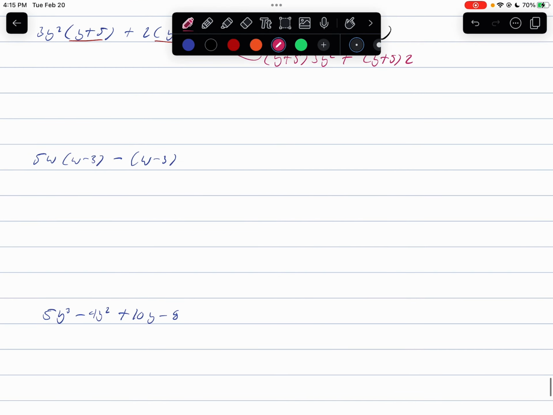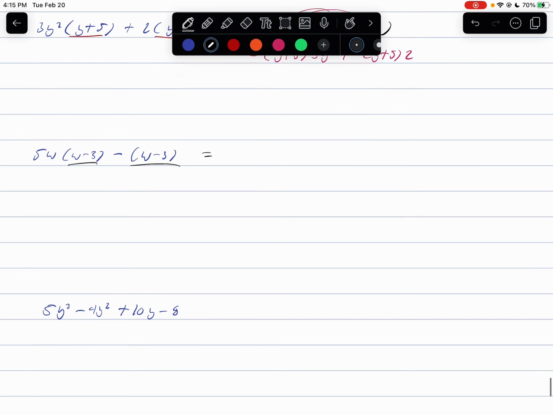So let's take a look here. Here we have 5w times (w minus 3) minus (w minus 3). Once again, we see that we have a w minus 3 and a w minus 3 here. So let's go ahead and undo this distribution by pulling out w minus 3.